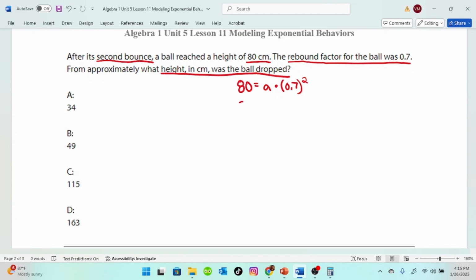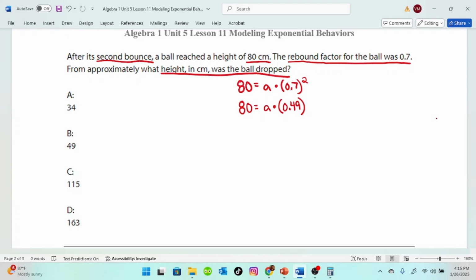So the first thing we can do is go ahead and do 0.7 to the power of 2. And 0.7 times 0.7 is 0.49.